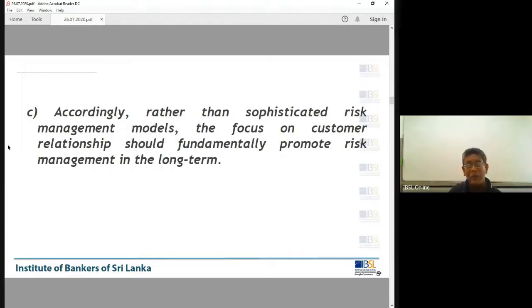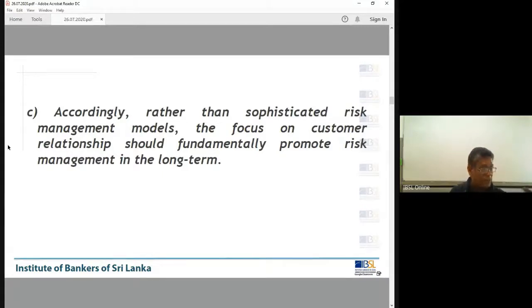And also remember, a relationship fundamentally promotes risk management in the long term. So that question is asked: how does the bank-customer relationship facilitate and promote the risk management system?